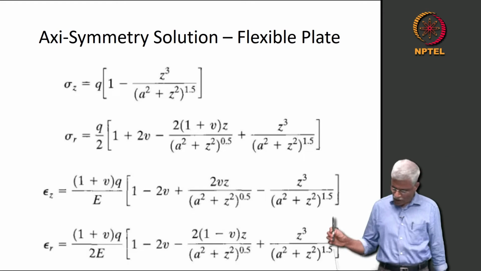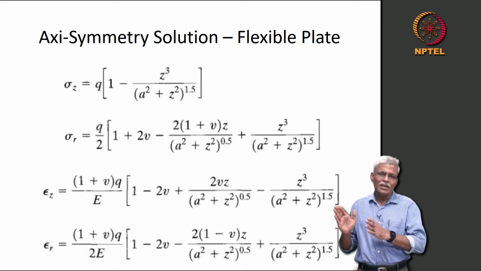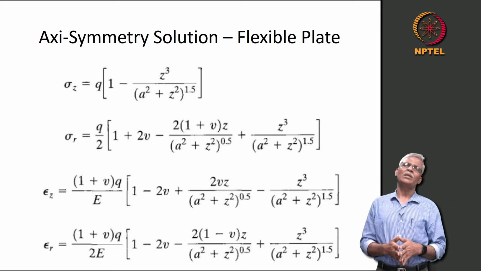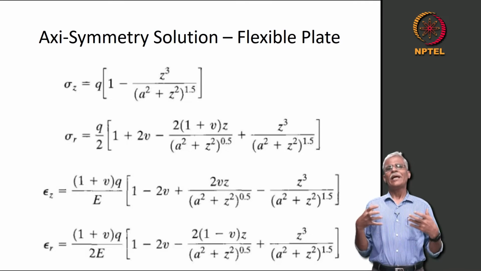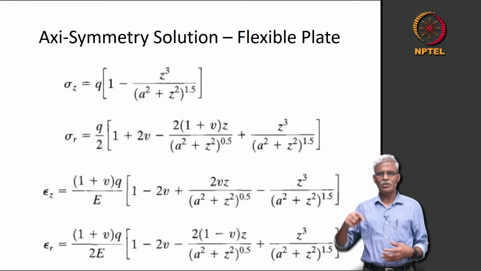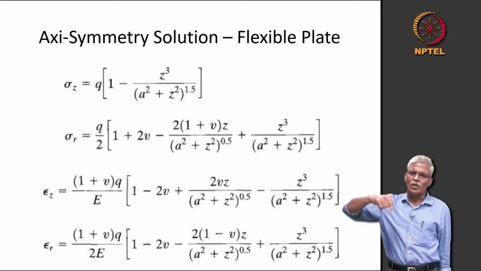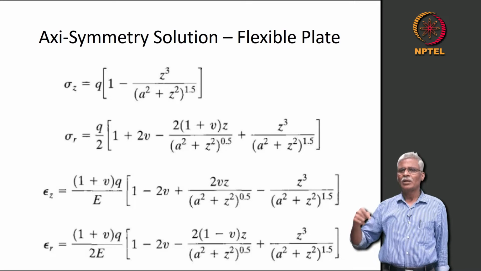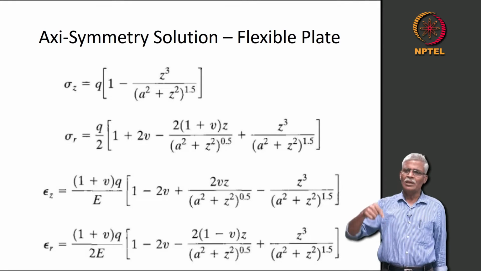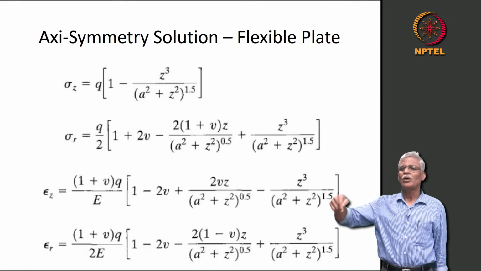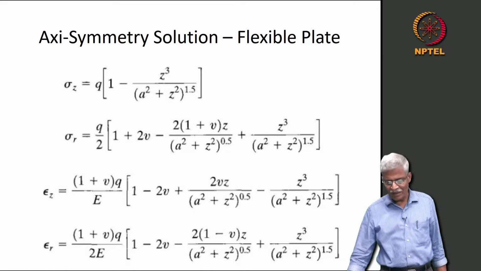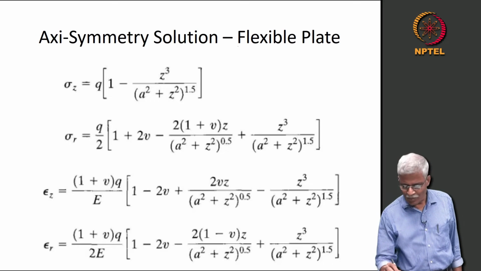Now, let us go to the next level. All this that you have seen here is what is really called an axisymmetric solution. That means you assumed your contact area to be a circle, and so you did all the work here. Now, this is called a flexible plate solution.